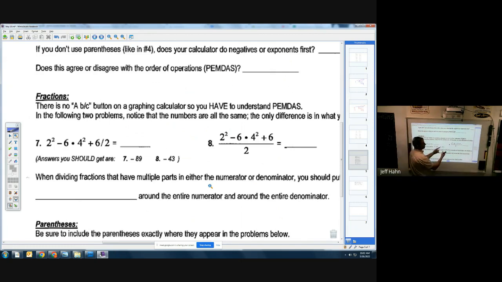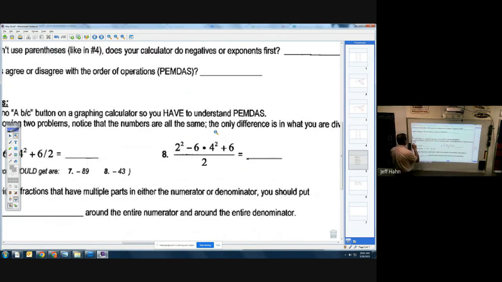When you look at this problem, this fraction line is a grouping symbol. You have to do this all first before you do the dividing by 2. So if you're putting it in a calculator, you have to tell the calculator to do this first before you do the dividing by 2.